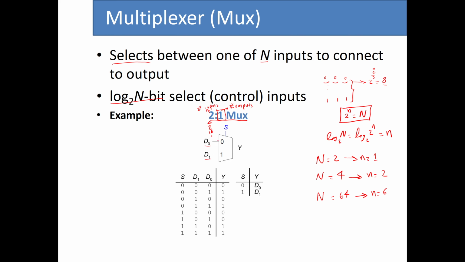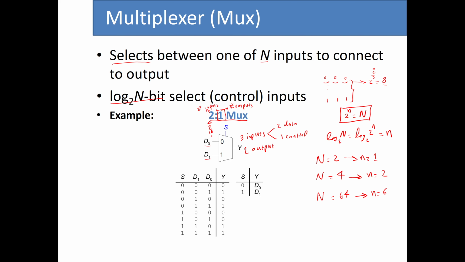Here I called it S, and then we have the output, which is Y. So for this simple multiplexer, we have 3 inputs, 2 data and one control, and we have one output, which is basically whichever of D0 and D1 that, according to S, we are selecting.